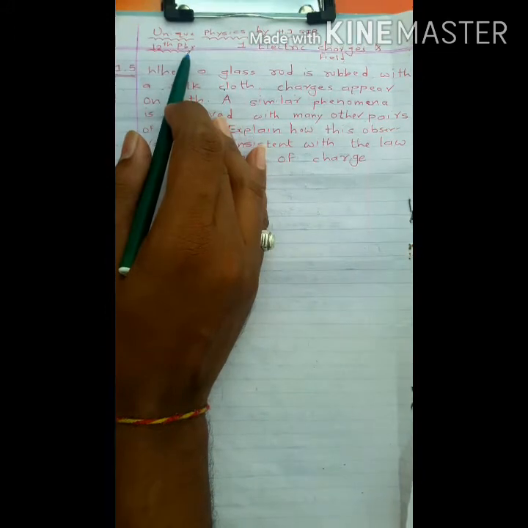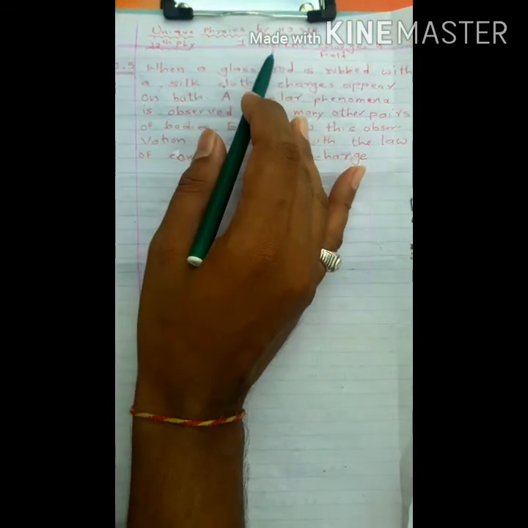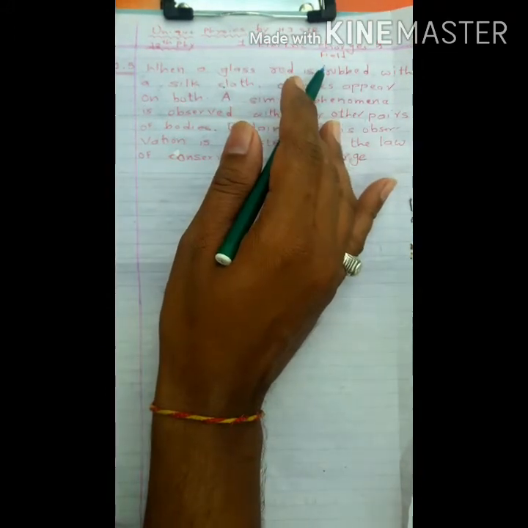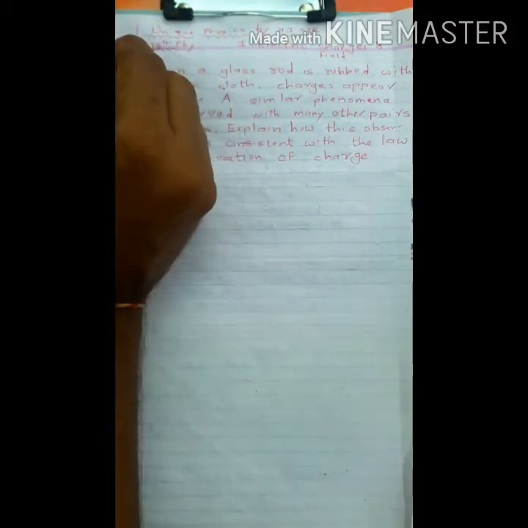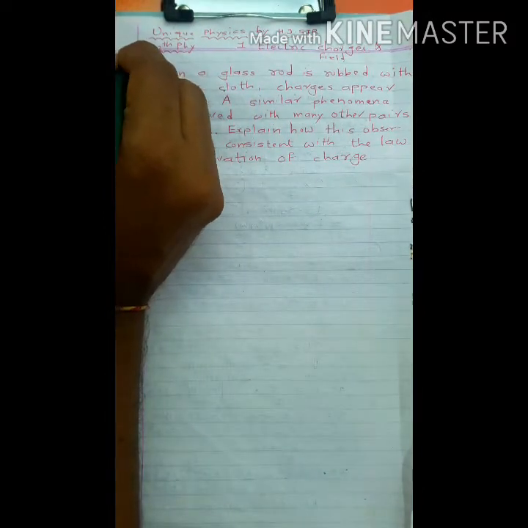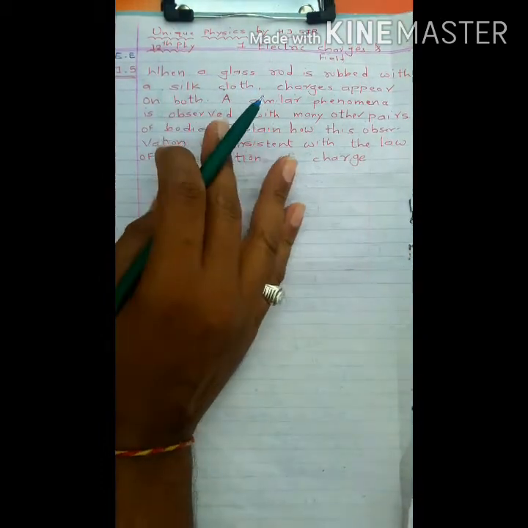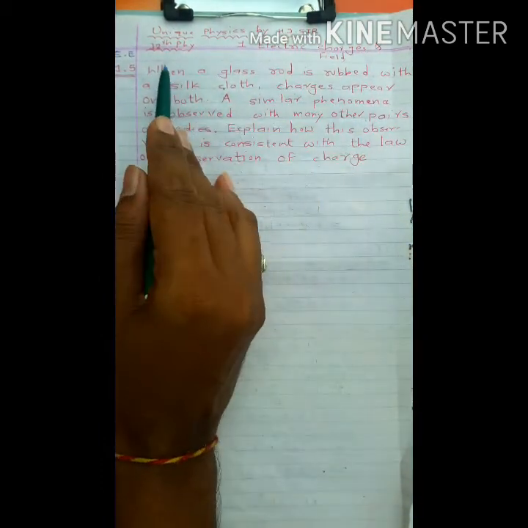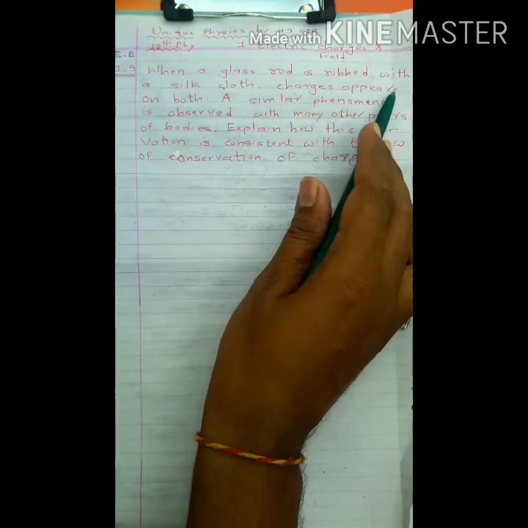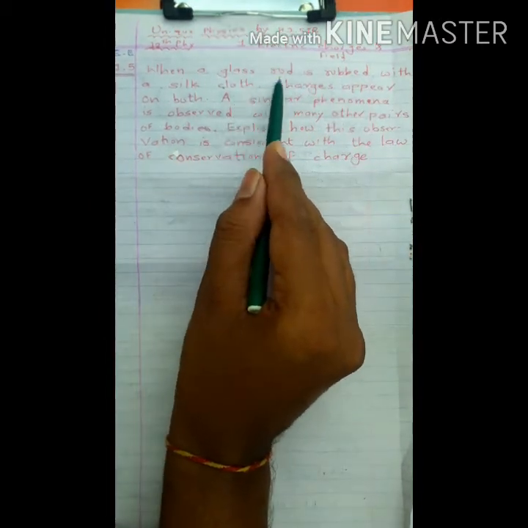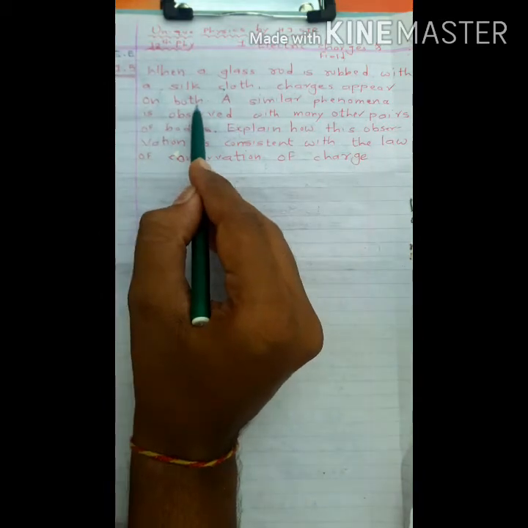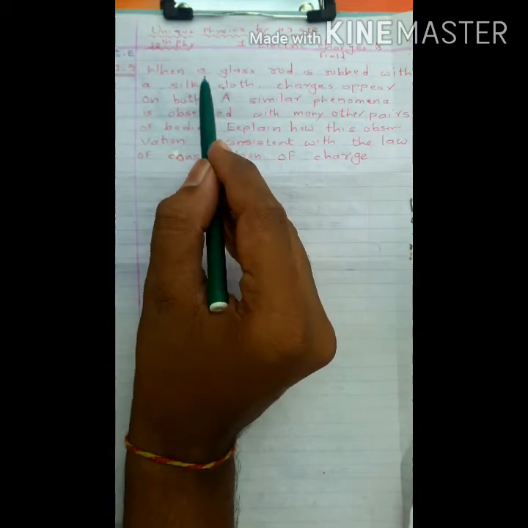Here we will discuss 12th Physics, chapter number 1, Electric Charges and Field. Here we will solve exercise example number 1.5. Our question is: when a glass rod is rubbed with a silk cloth, charges appear on both. This is a simple rubbing process.